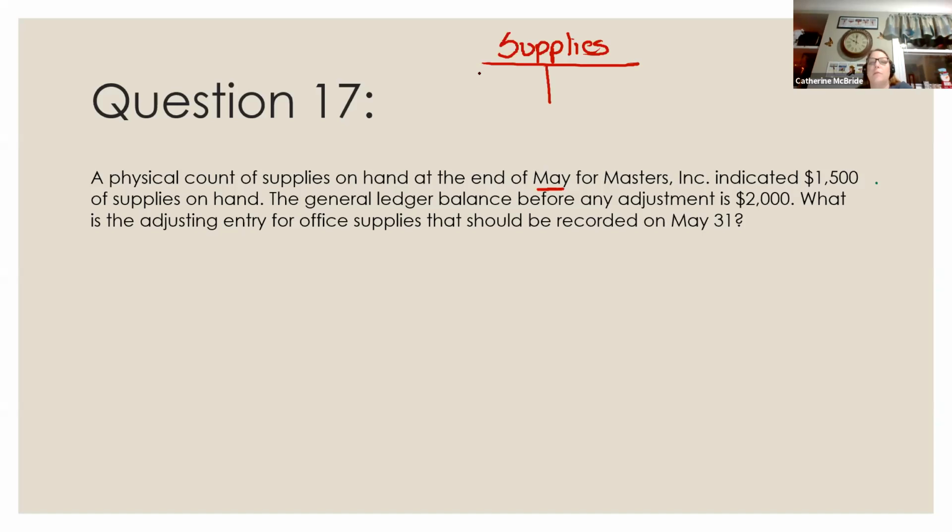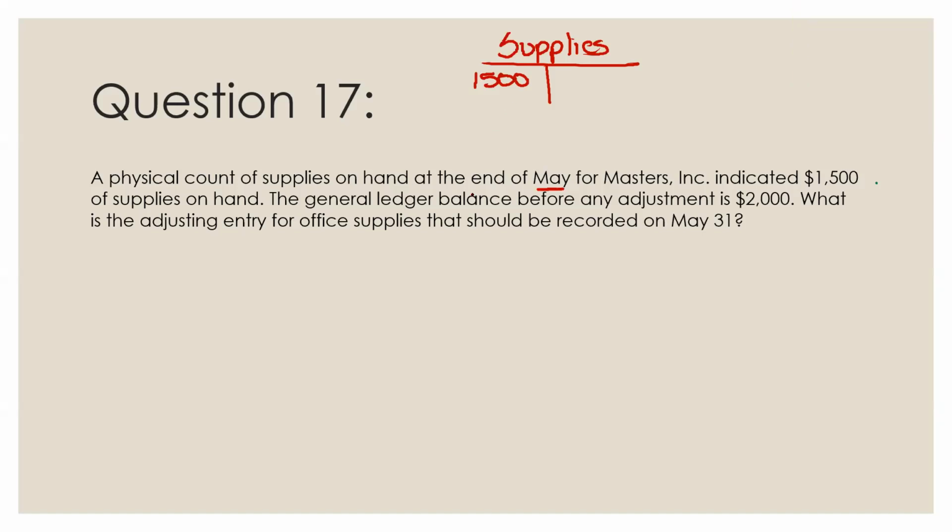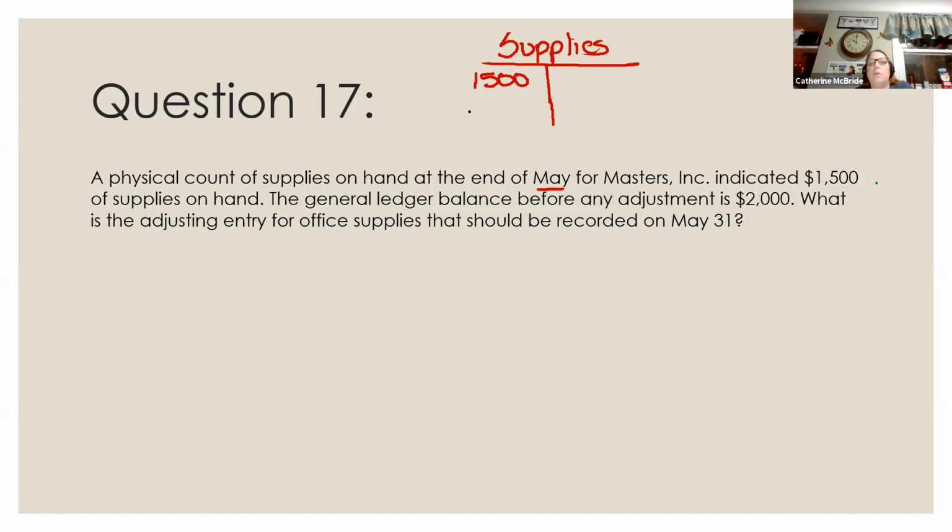The general ledger balance before any adjustment is $2,000. So this is weird, because my balance is $2,000 in the general ledger. What is the adjusting entry for office supplies that should be recorded on May 31st?